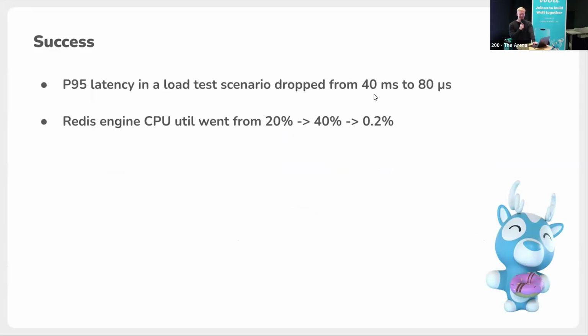I think it's a couple of IPs or maybe even a single IP load test, which is a very synthetic load test. Then we went to, I don't know, is it microseconds? I think less than a millisecond. So that's good. Basically, it's just a test of Ristretto at this point. And the Redis engine CPU utilization, you can tell it went up when we just changed to the Redis rate, but then it's barely doing anything at the end.